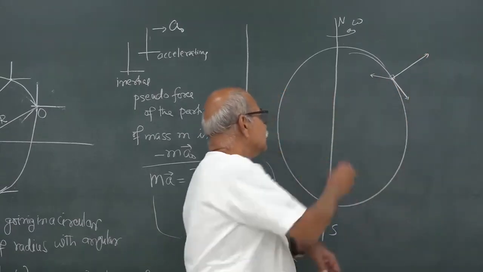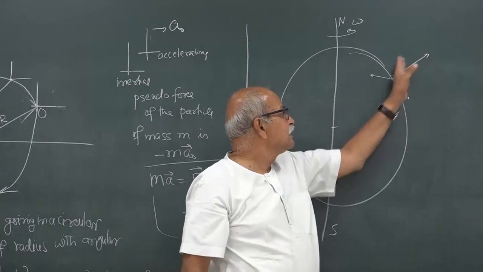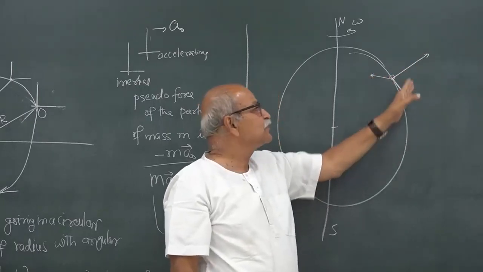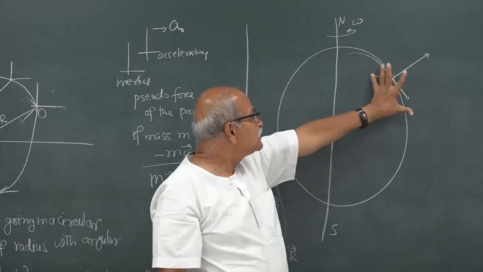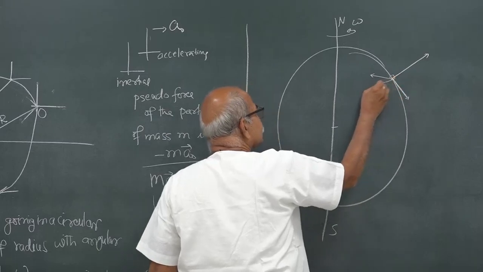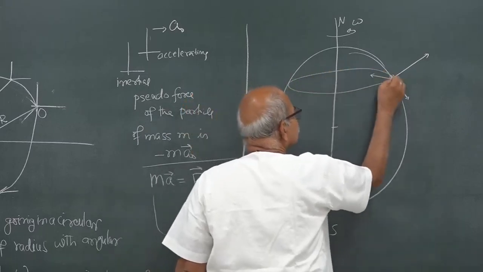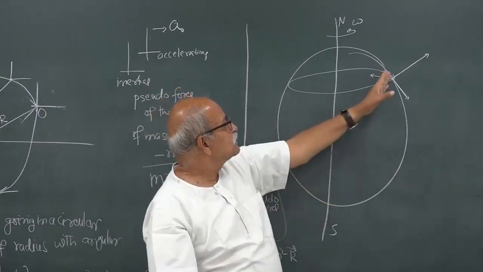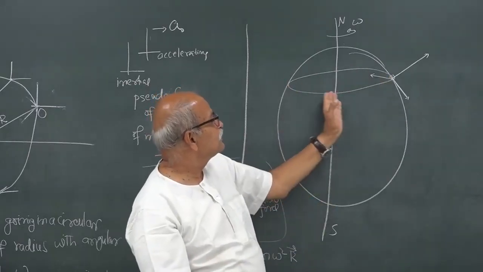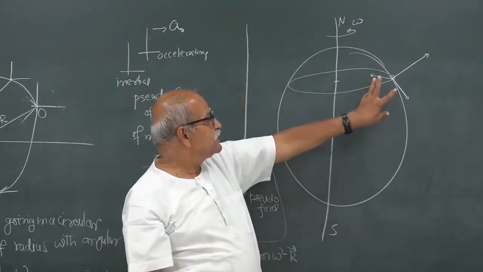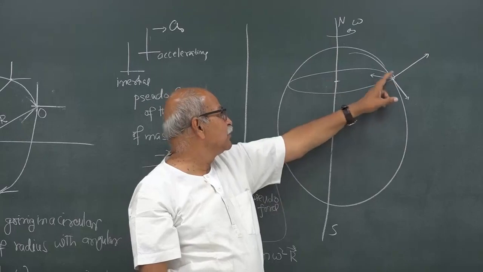This is vertical, this is horizontal, then perpendicular horizontal: two horizontal axes, one vertical axis. Now, as time passes, the Earth rotates, and this origin is going in this circle, and here is the center.